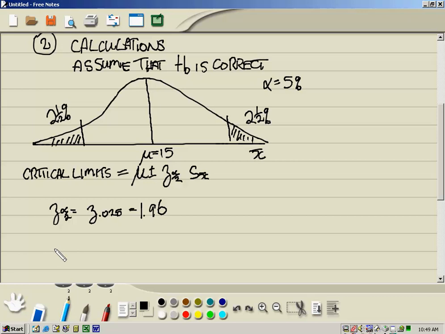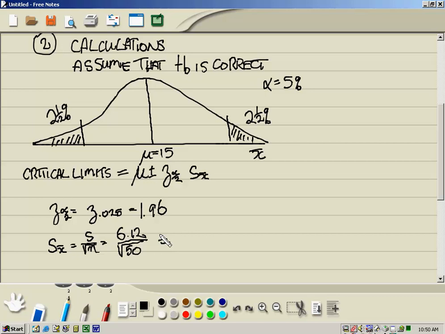The other number we need, the mu is easy, the other number we need to get this calculation rolling is S sub x bar, S divided by the square root of n. S was $6.12 divided by the square root of the sample size of 50. We need to do our calculations now. Of course, bring your calculator to all classes and sessions where you're going to study.